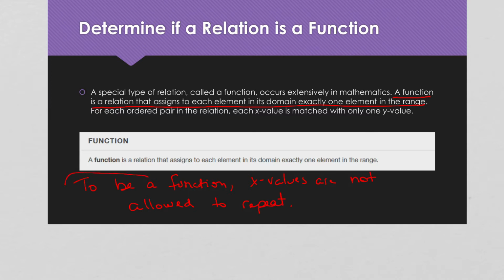This right here is the exact same thing as this. It took me a while to actually come up with this. Like, it just took me a little bit because I was trying so hard to understand these words that it just didn't click until I came up with this. And it is true, your x values are not allowed to repeat.